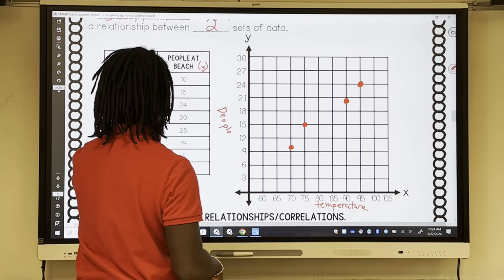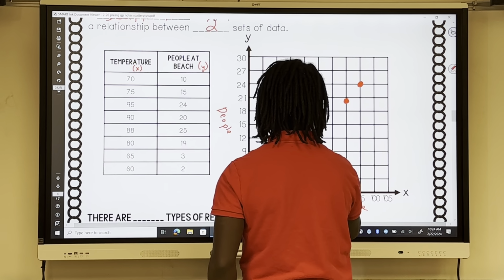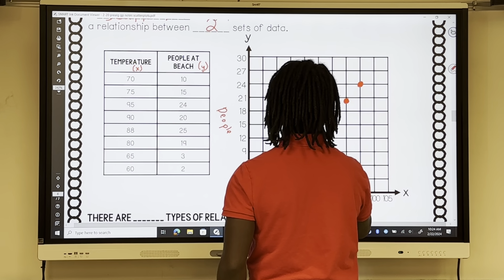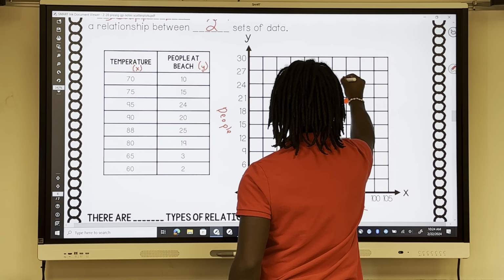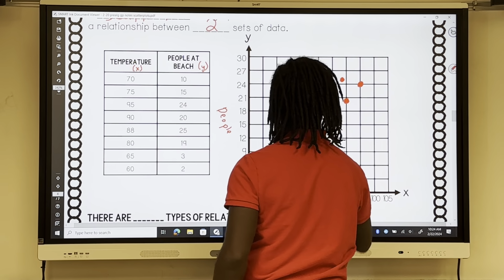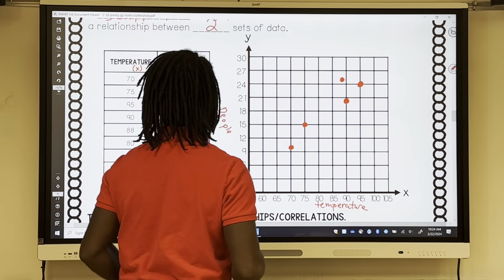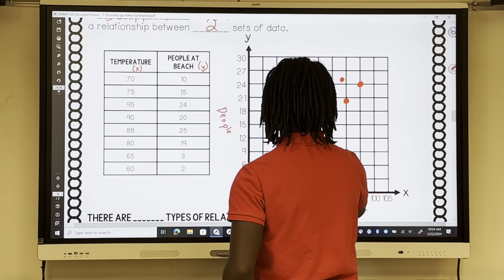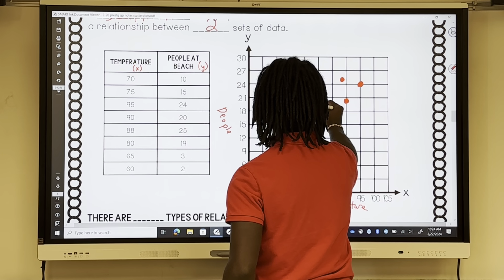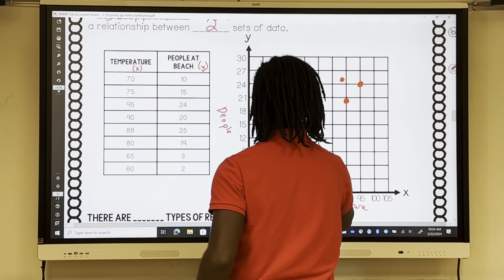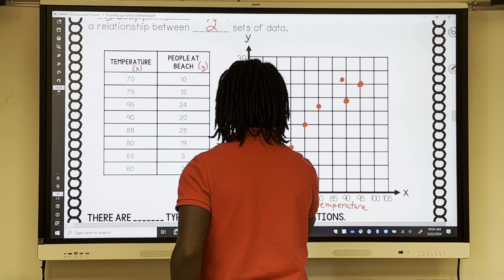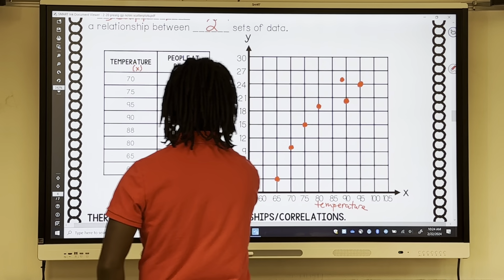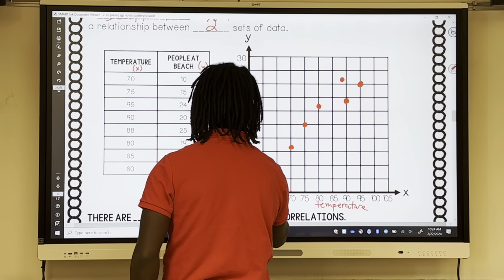Okay, 88 to 25, 88, then up to 25, about there. Okay, 80 to 19, 80, then up to 19, about there. 65 to 3, and then 60 to 2.